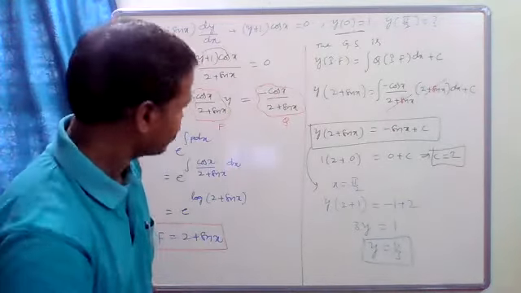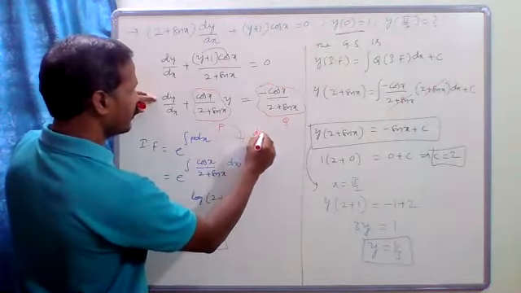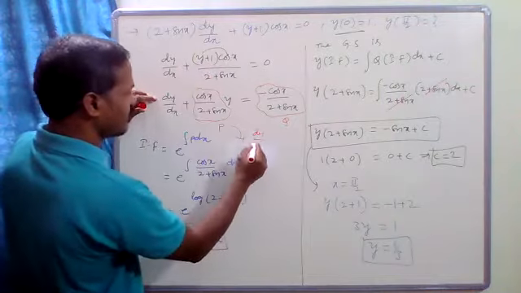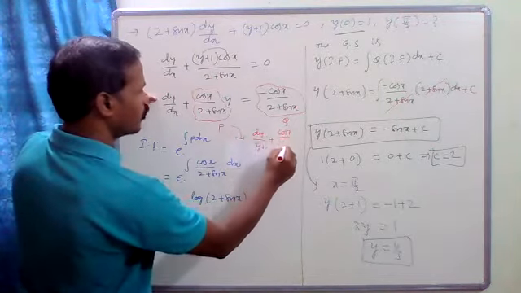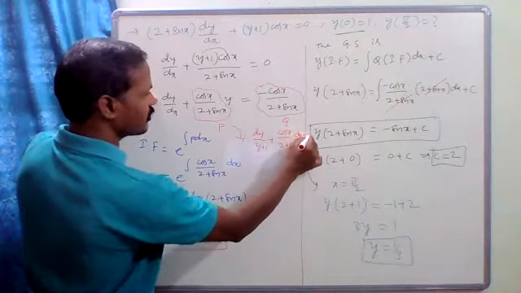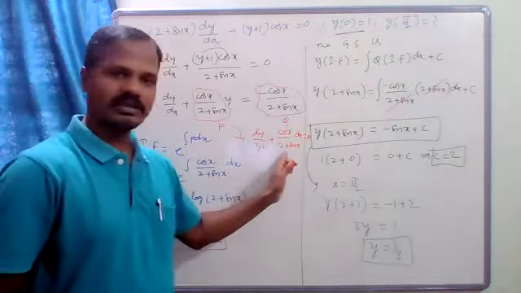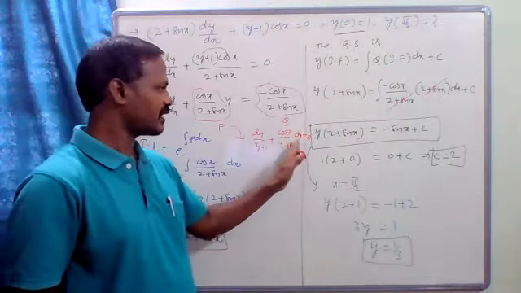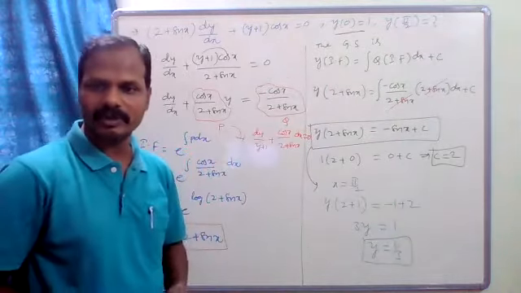From this, dy by y plus 1 plus cos x by 2 plus sin x into dx equals 0. So by using variable separable we can do it also.